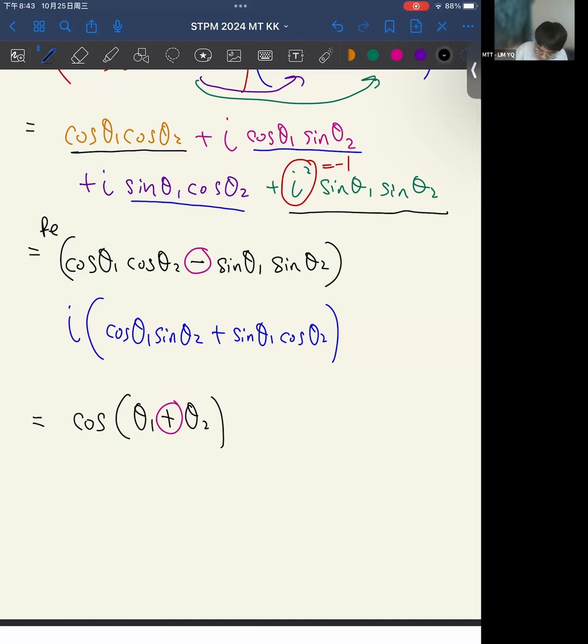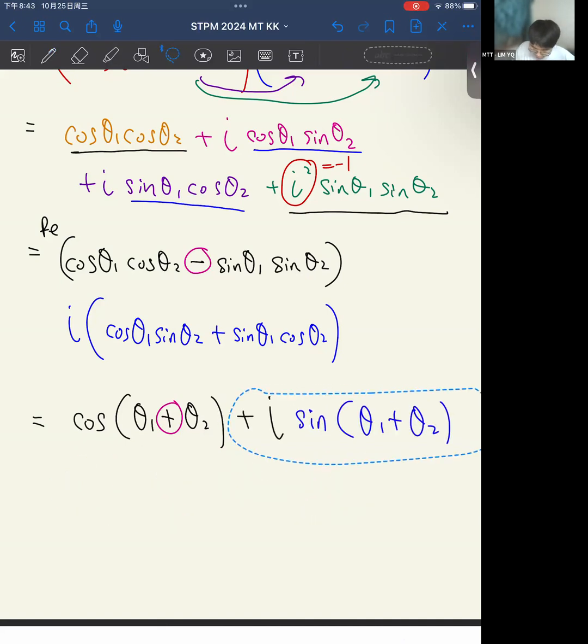So we get cos(θ1 + θ2). Plus i, the blue color one becomes the addition formula for sine: cos A sin B plus sin A cos B is sin(A + B), so sin(θ1 + θ2).